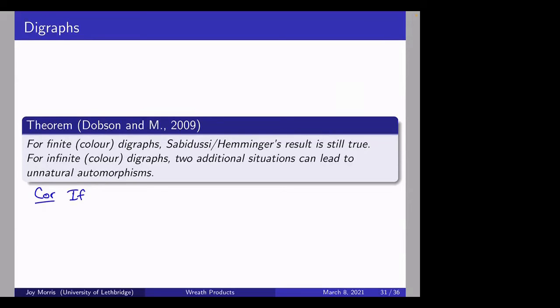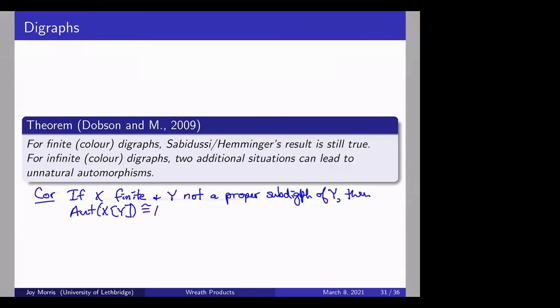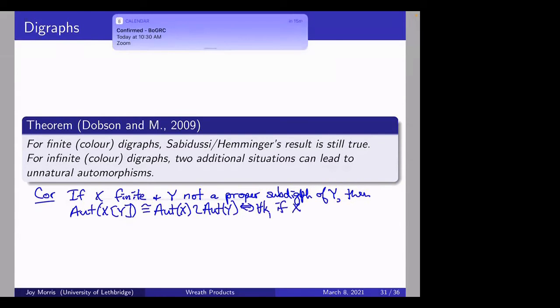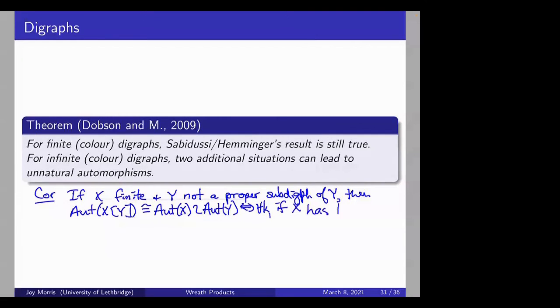If X is finite as a color digraph, and Y is not a proper subdigraph of itself, then we get that the automorphism group of the lexicographic product is the wreath product of the automorphism groups if and only if, for every K, if X has K-twins, then the K complement of Y is connected.